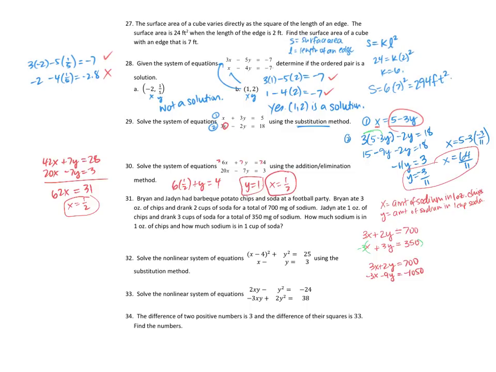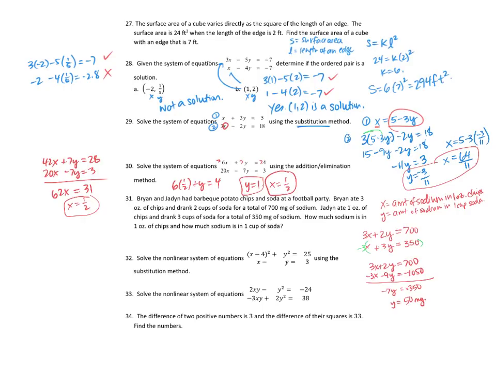And then if I add those together, I get -350, and I'll get -7y, and then I get y is equal to 50. And the units of that are going to be milligrams.